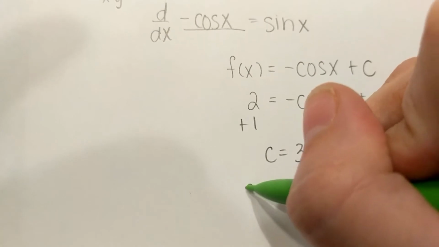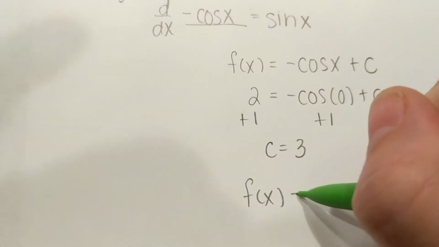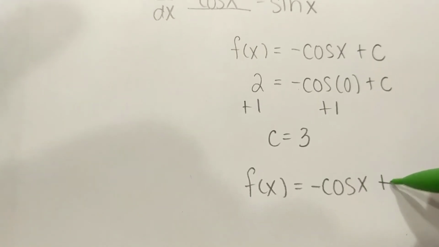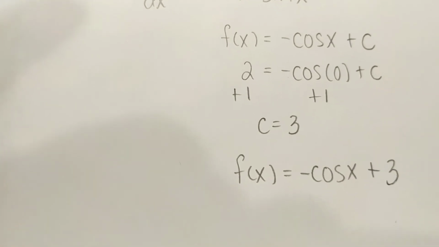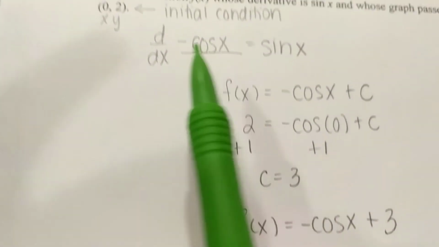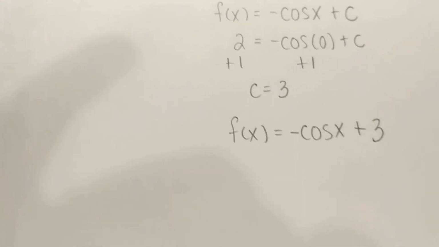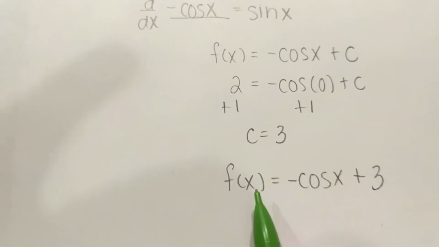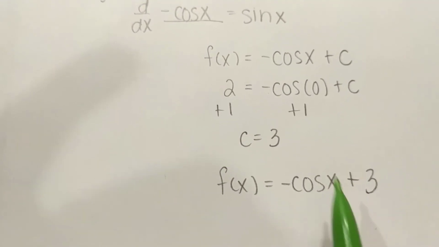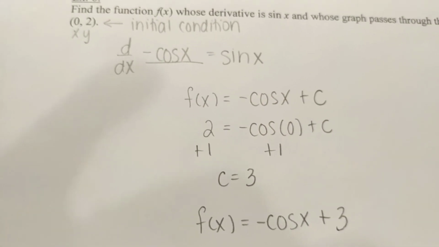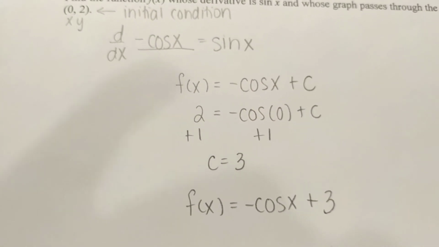So my function is negative cosine of x plus 3. So this graph goes through the point 0, 2, and if I take the derivative of this function, I get sine of x. So we've satisfied all of the conditions that were given to us.